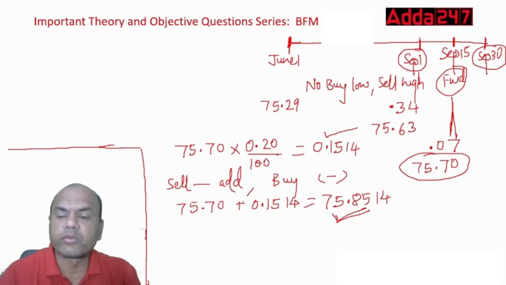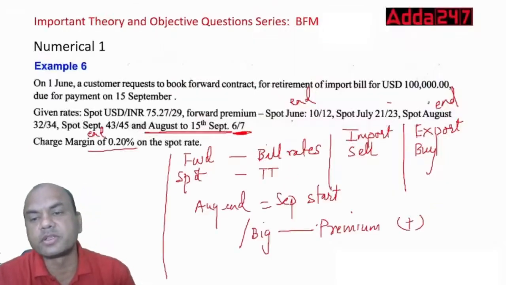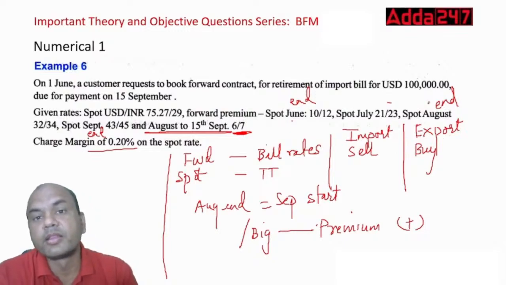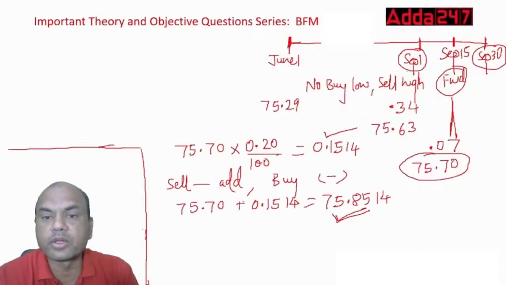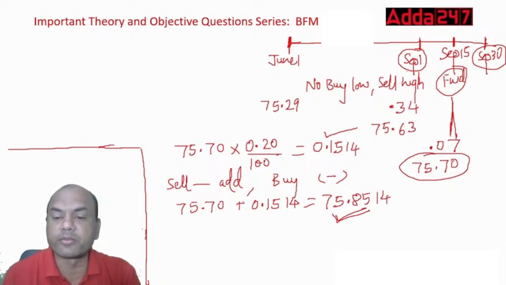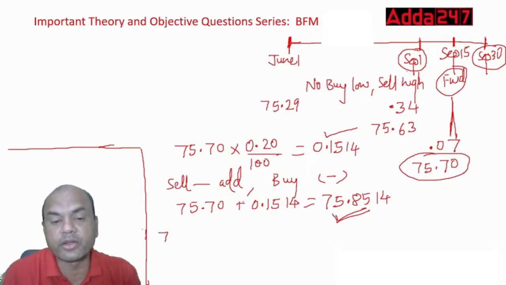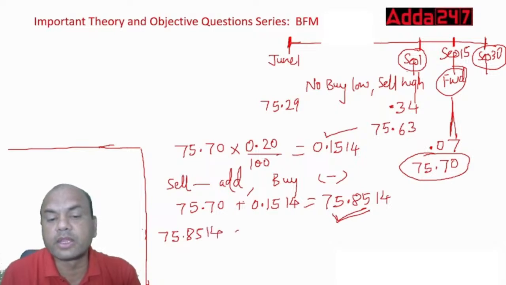But what do you mean by this rate? What has happened actually? In this whole transaction, you have got the rate. This much amount you'll be debiting to the customer. See this 75.85, because $1 lakh are to be given. So what amount will you be debiting to that customer? 75.8514 into $1 lakh.